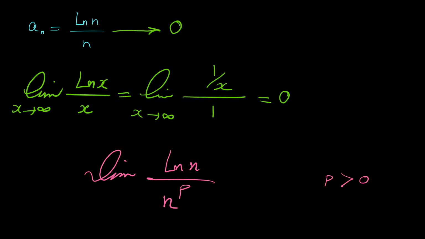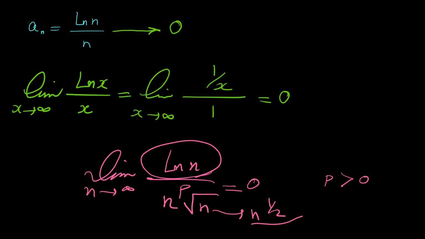Like n to the 1/2, n to the 2, n to the 1/3, n to the 2/5, n to the 10, 20, whatever. This limit is always 0. Which means that ln goes to infinity very, very slowly. And even something like radical n, which is n to the 1/2, is bigger than that.